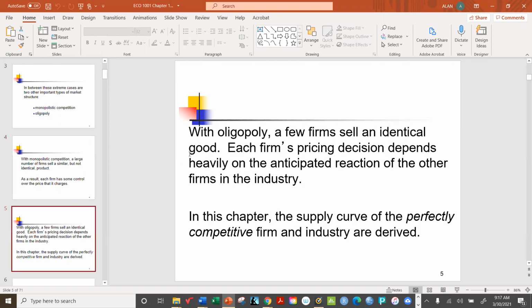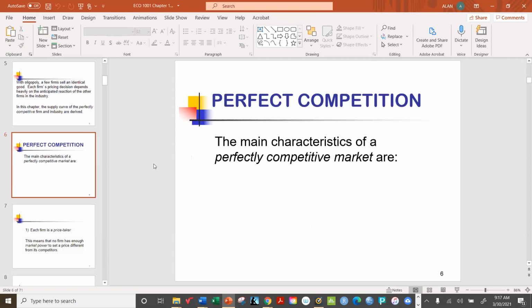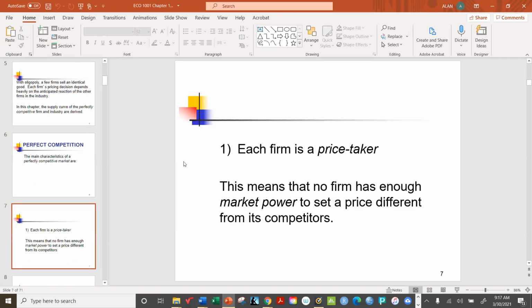But in this case, we're looking at perfect competition. So here's what we need to know about perfectly competitive firms. First, each firm is a price taker, which means that they all charge the same price. None of them can raise their price, because if they do, they'll lose all their customers to the competition. And I mean all of them.